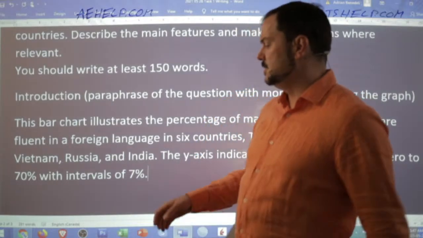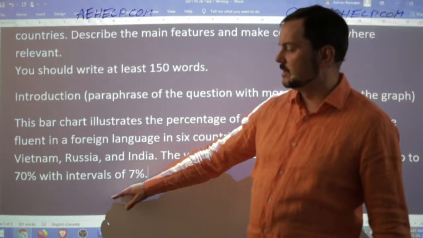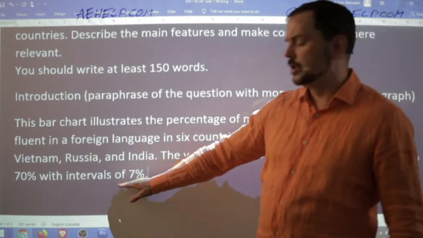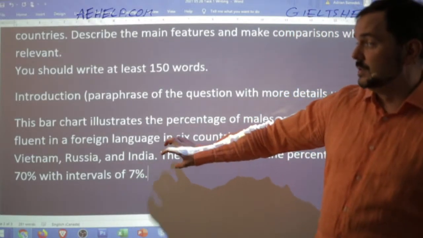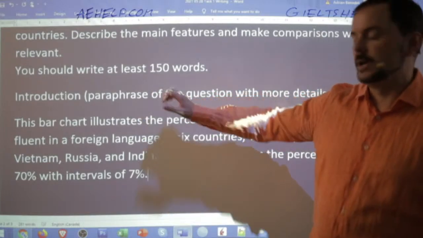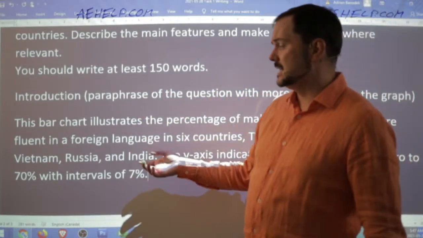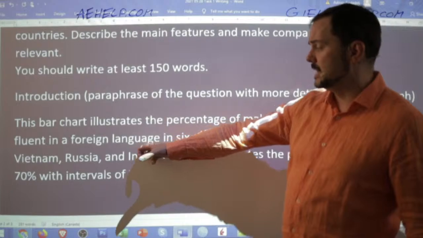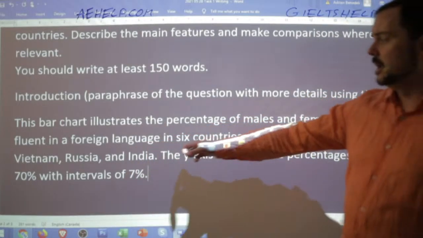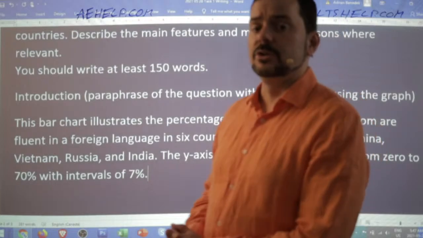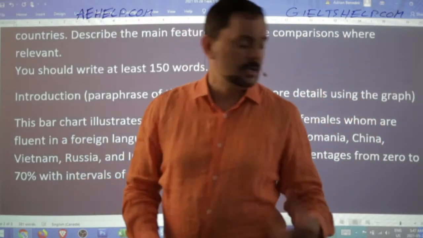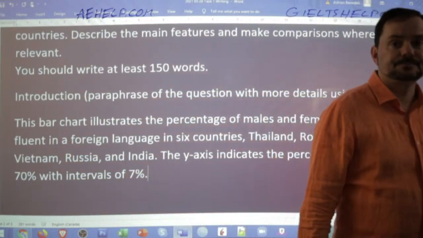So I do want to bring the attention of my audience to the fact that we have a little bit of an awkward scaling system here. So I decided to include that into my introduction, okay? I'm not going to explain the x-axis because I already did that. The x-axis is clear here in the list of countries, okay? Competent readers will understand that that's the x-axis, okay?